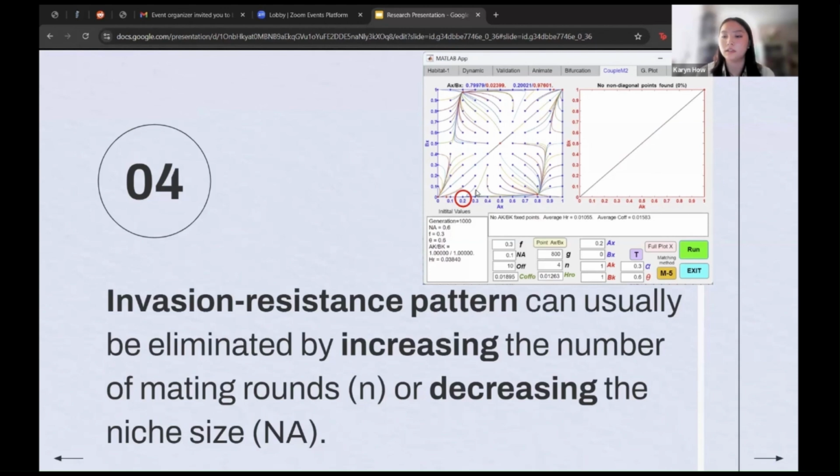And as shown, if we increase the mutant bias allele to AX equals 0.2, it is able to invade and actually move towards a fixed point polymorphism. So it was able to establish a pre-mating reproductive isolation, whereas it was initially blocked before we decreased the niche size.